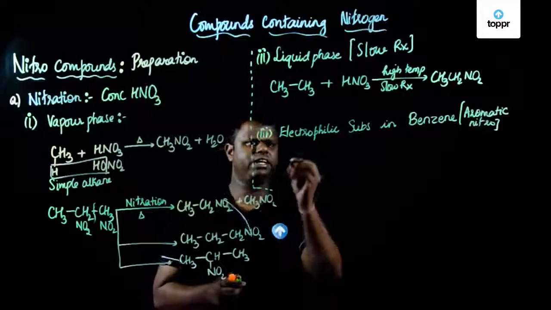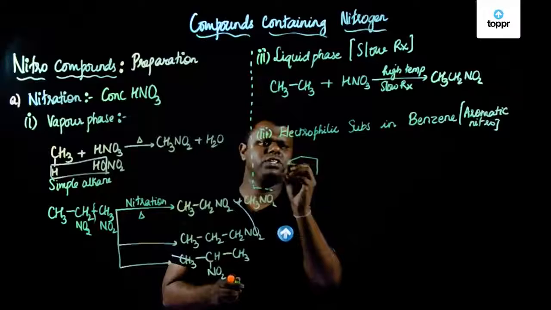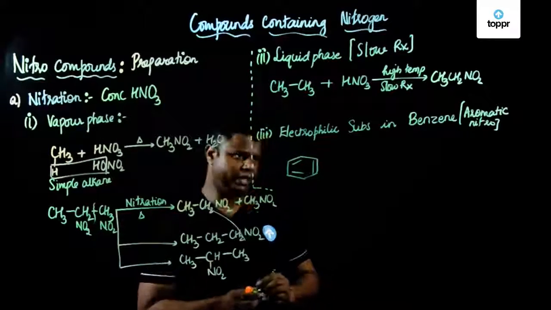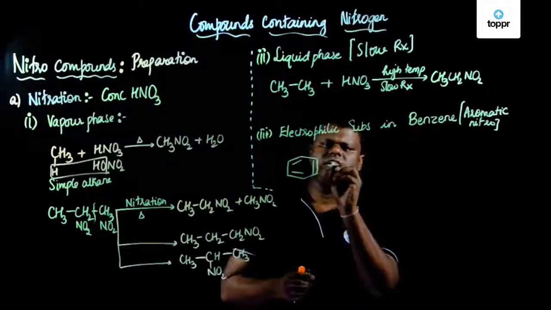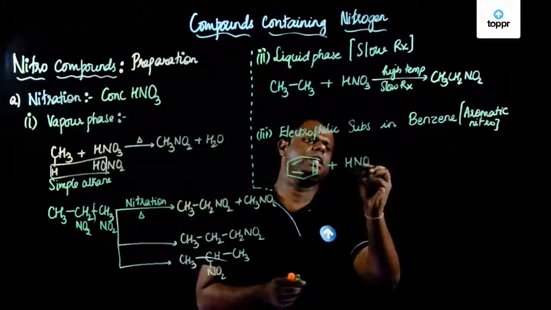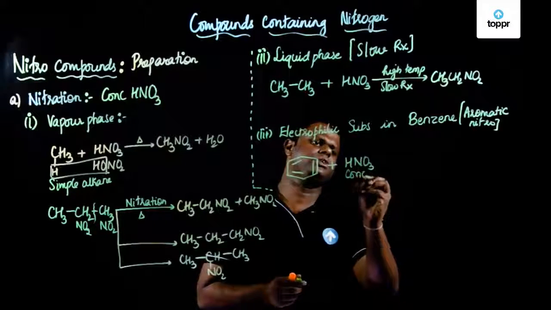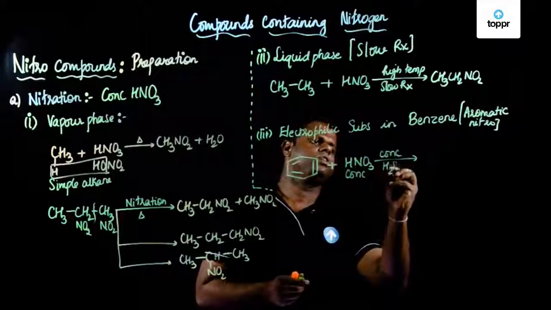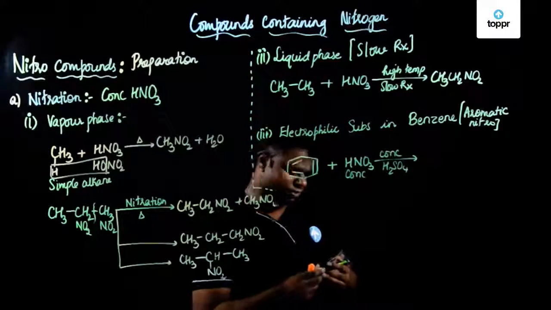Let's see what exactly would be the reaction conditions. Benzene rings undergo nitration, which is again an electrophilic substitution reaction. So we are going to use concentrated HNO3 in the presence of concentrated H2SO4, which is normally called a nitrating mixture, correct?